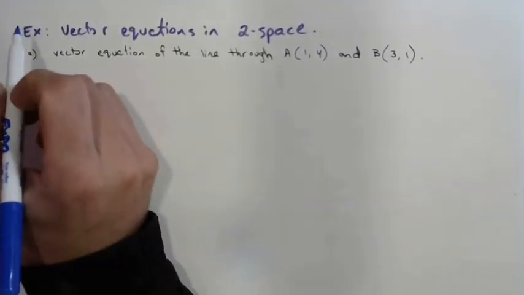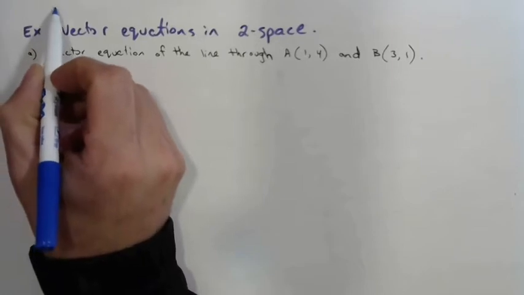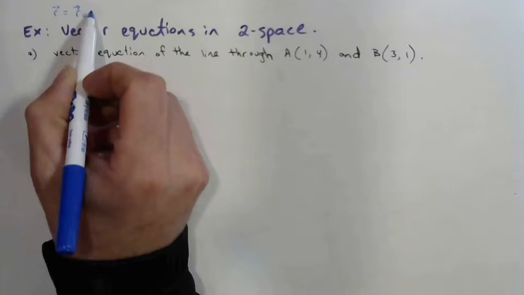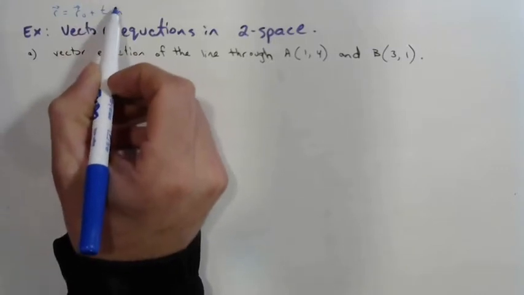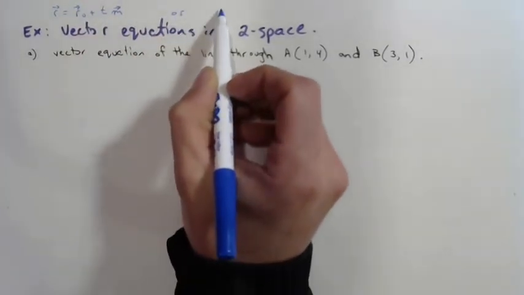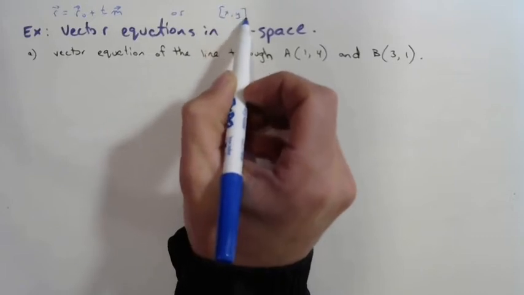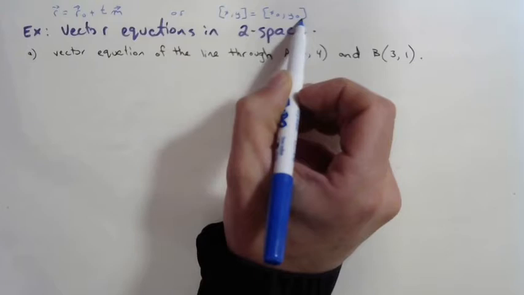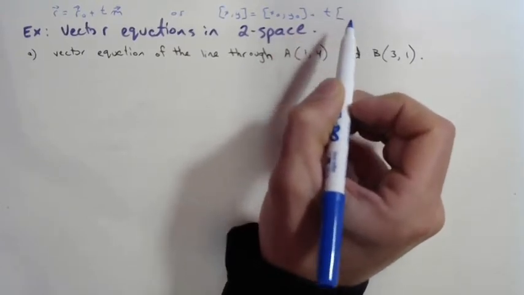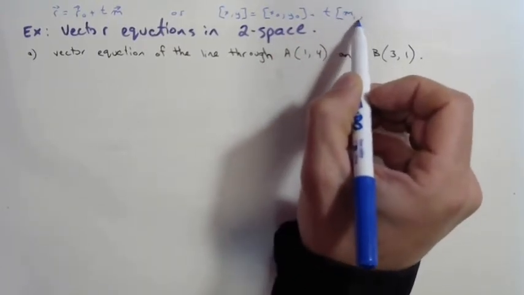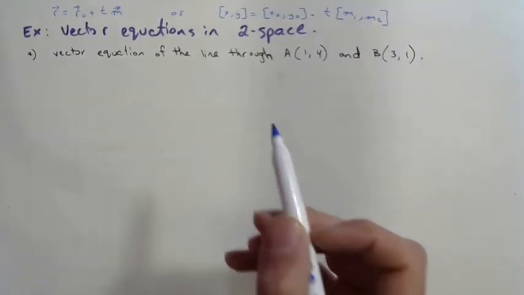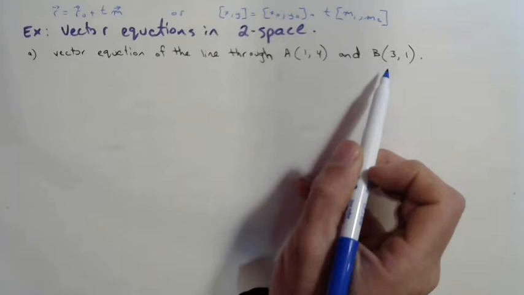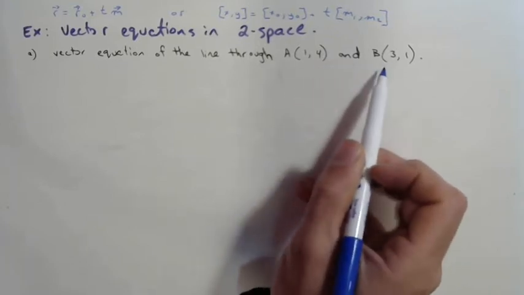I am going to rewrite my general forms up here at the top so I have something to refer to. R0 plus t times my direction vector m. Our other form is xy equals x0 y0 plus t times m1 m2.